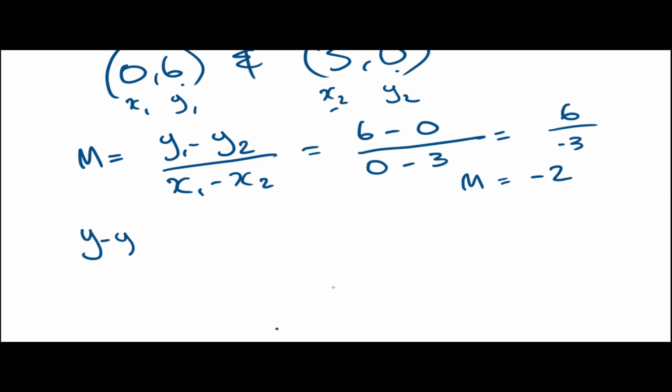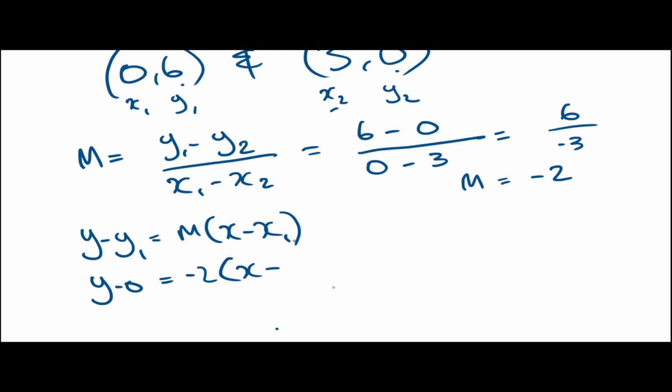Now we use this formula. And I'm going to use the second one because the y value is 0. So y minus 0 equals -2, x minus, and x2 is 3.